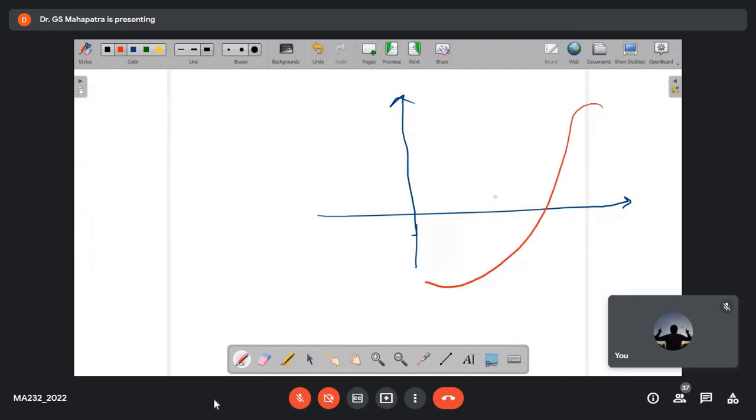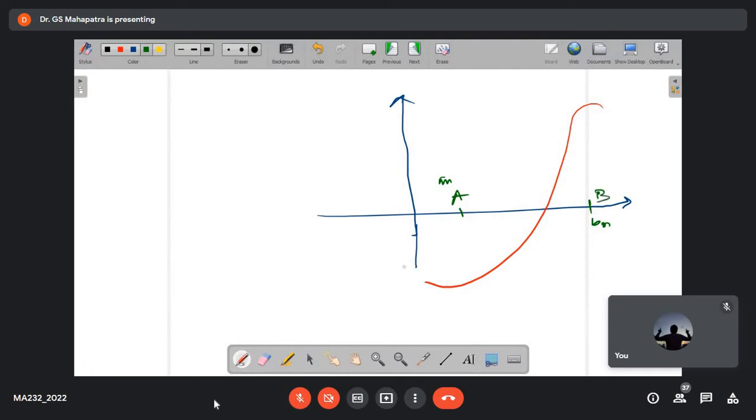Now you have to find the initial approximation, say A, that is An or A naught in general form, and say B is Bn.